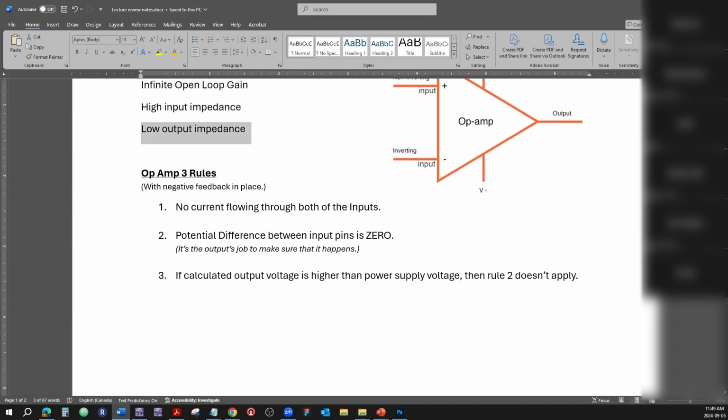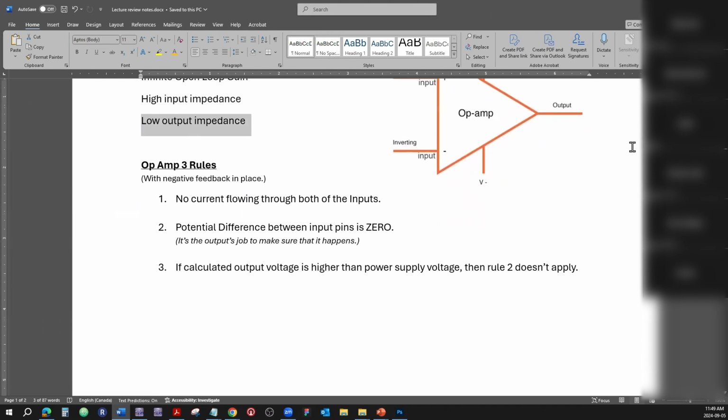Op amp rules. Sometimes you're going to see a more complex circuit, and when you're dealing with a complex circuit, you need to find a way to bite into it.